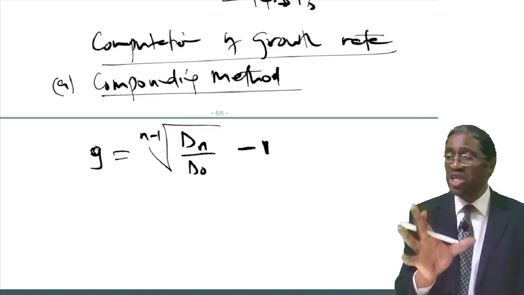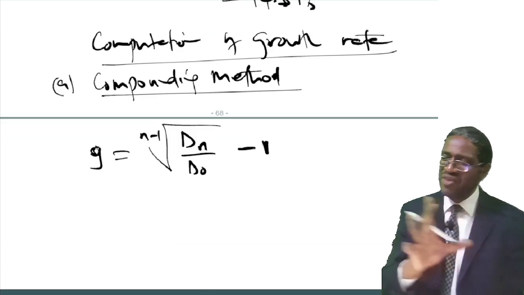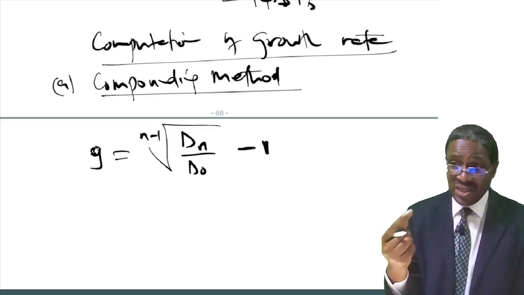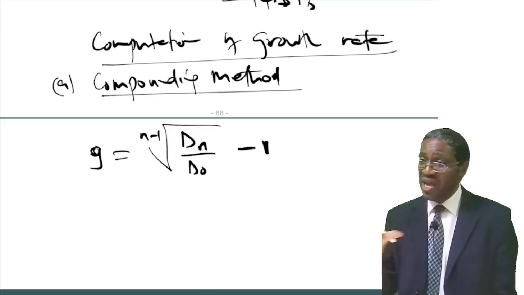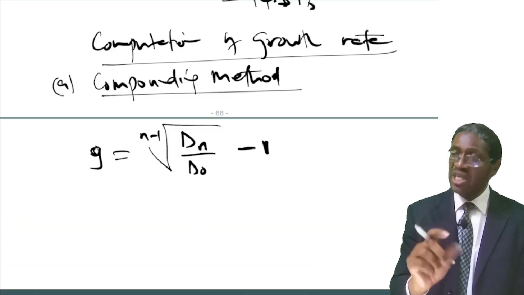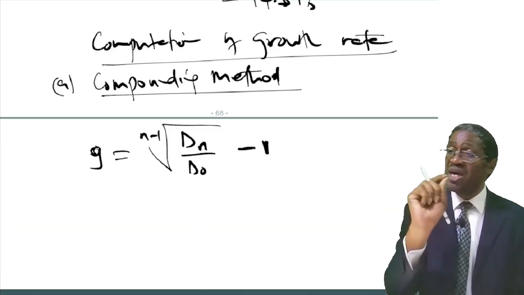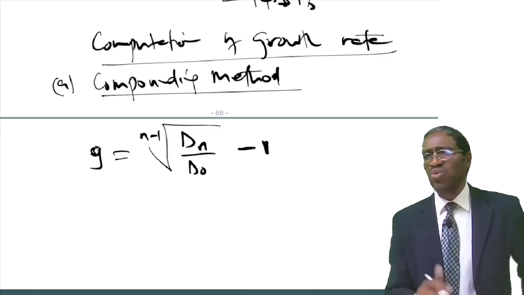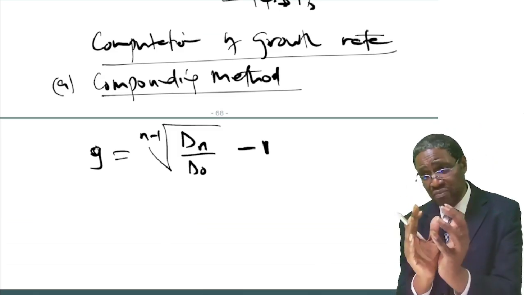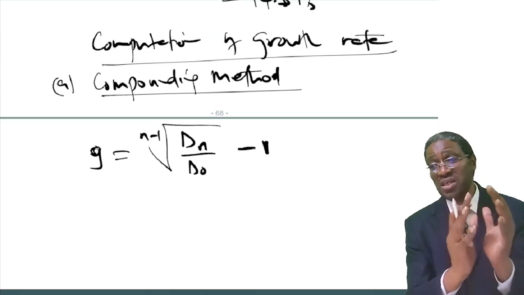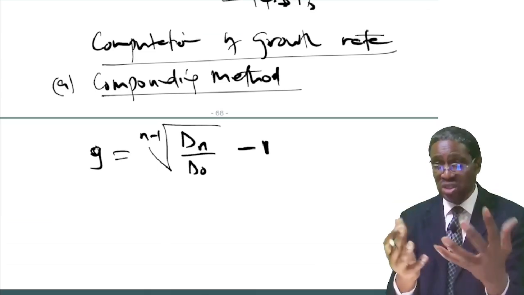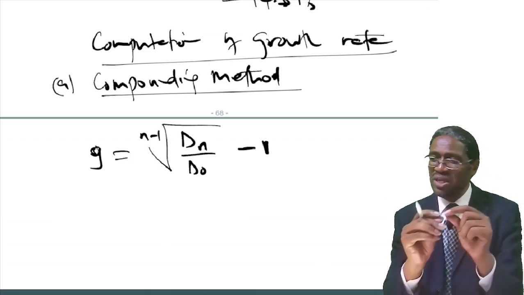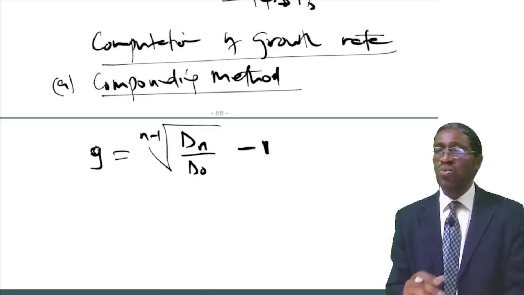The examiner will give you maybe the last 5 years of dividends, so N becomes 5. If it gives you 6 years, N becomes 6. You minus 1, and whatever you get becomes the root number. If it's 3 minus 1, you get the square root. If N is 4, minus 1, you get the third root of whatever you are getting in the bracket.